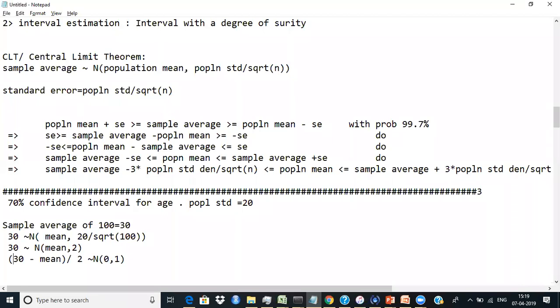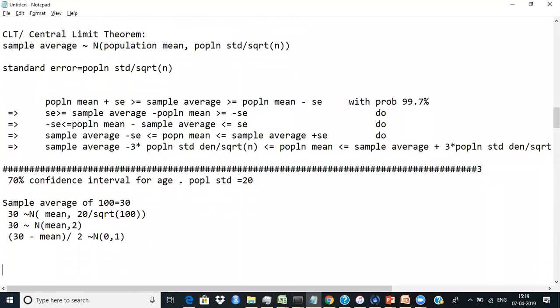So I'm looking for a 70% confidence interval, right? I don't know whether this will work, let's try it out.